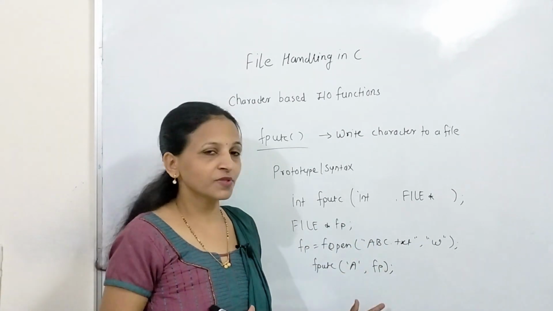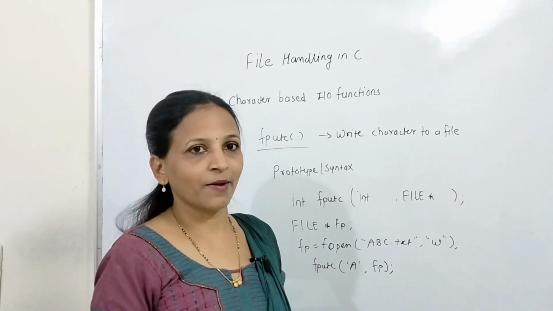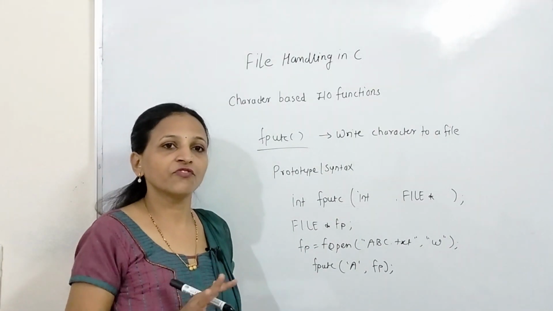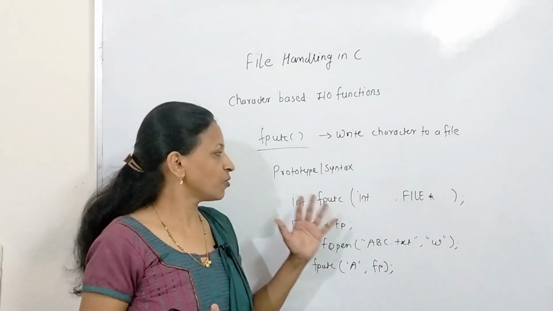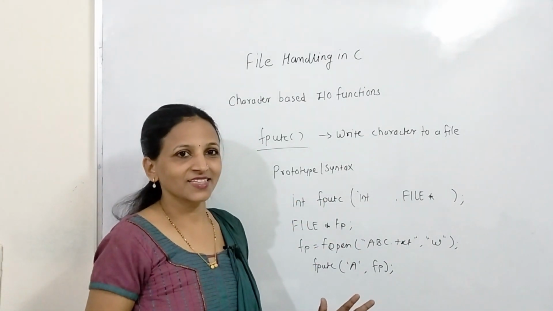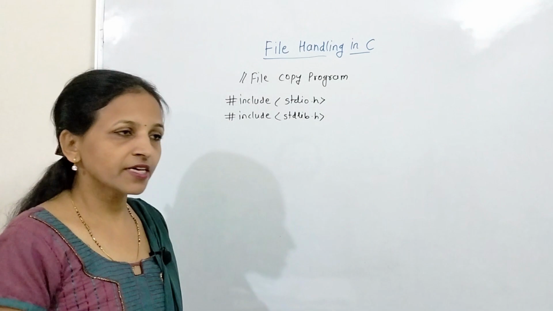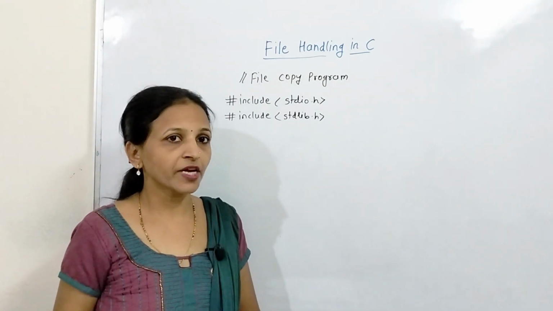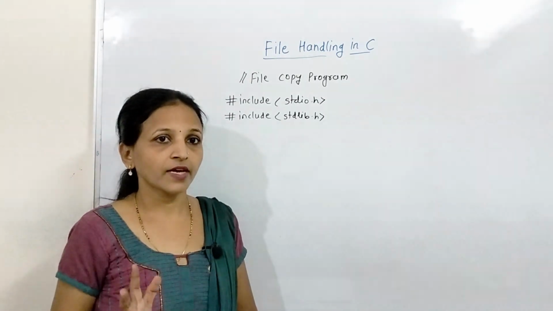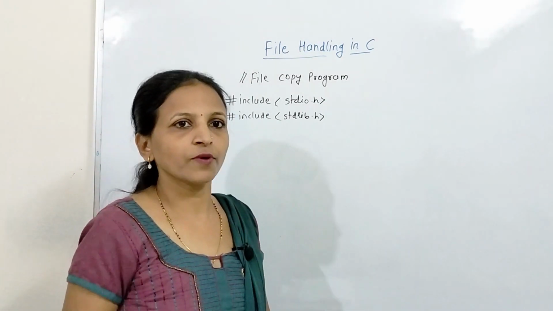Now on the basis of this I am going to explain one program to copy contents of one file into another file. We can do this with the help of these functions. Getting? Now let us see. Let there be an already created file, and the same contents I want to copy into another file. That is possible with the help of a C program.